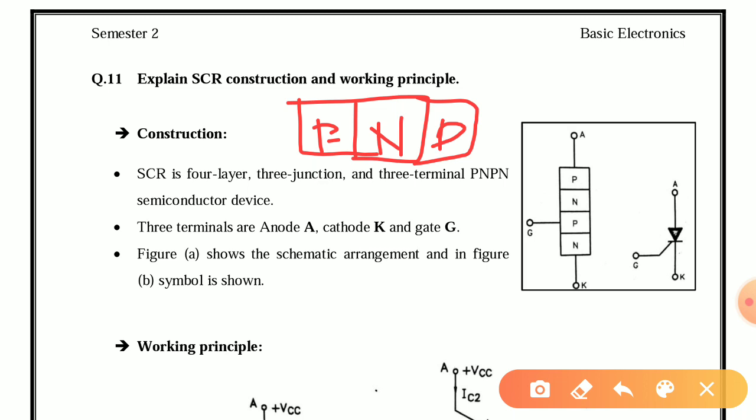If P, N and P are combined, then it becomes a PNP transistor or an NPN transistor. Now the new invention: four semiconductor layers are combined and become a new device known as SCR, which is made from four semiconductor layers, as you can see in figure number 1.